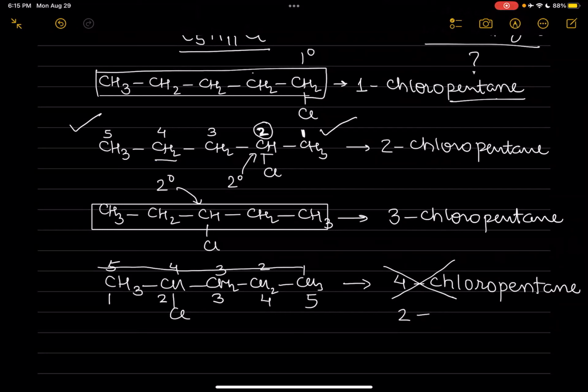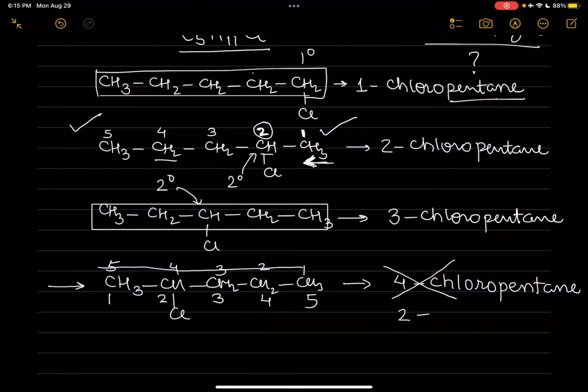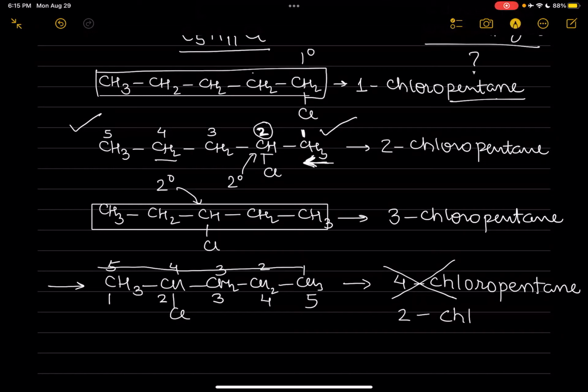In that one, the Cl was nearer to the right end, so you start numbering from right to left. In this case, the Cl is nearer to the left end, so you will do the numbering from left to right. So it is just the same as 2-chloropentane.